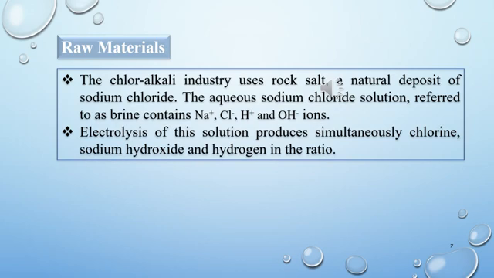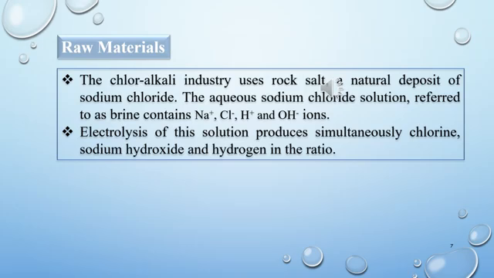As I said, brine is the solution of sodium chloride; we can prepare brine by using rock salt, and that aqueous solution contains 4 types of ions. The first one is sodium ion, second is chloride ion, third is hydrogen ion, and the fourth is hydroxyl ion.